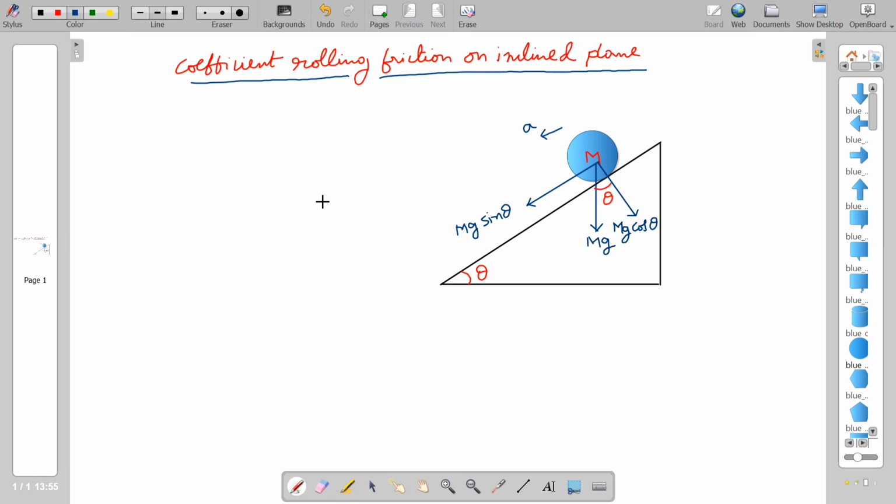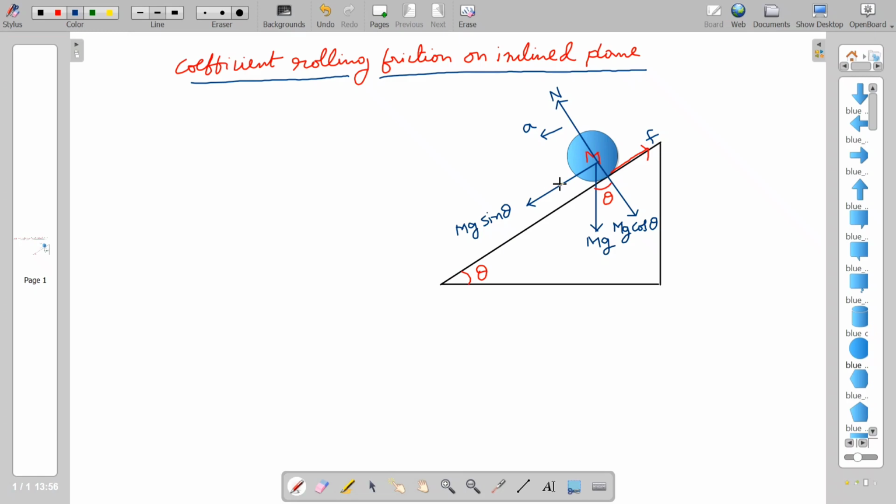So here, frictional force will act opposite to the direction of mg sin theta along the surface of contact, that is F. And this mg cos theta is balanced by the normal force, that is N. So here this rigid body is rolling down.